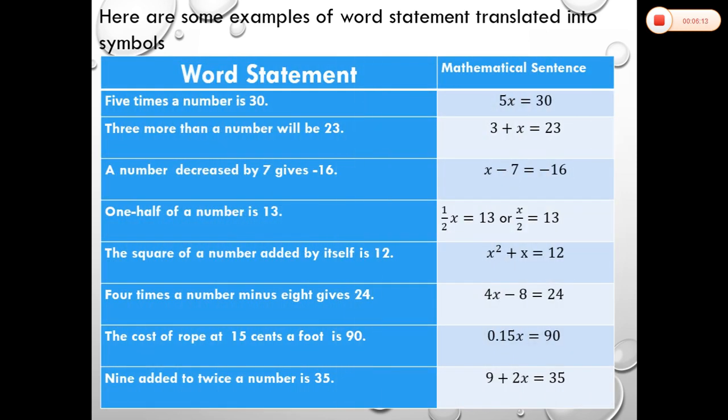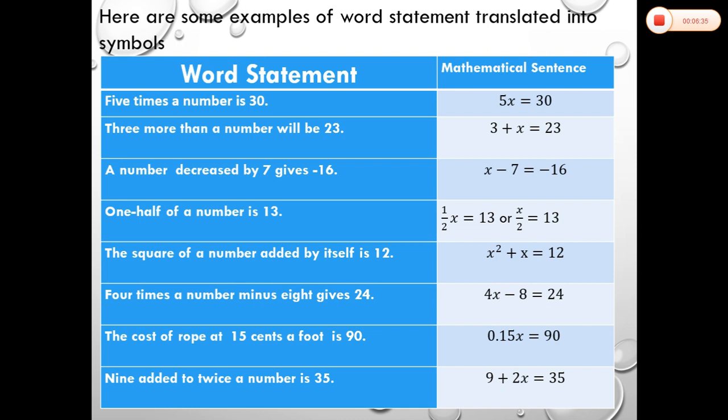Here are examples of word statements translated into symbols where the word statement is a complete sentence. 5 times a number is 30. The mathematical sentence, which is, in this case, a mathematical equation, is 5x is equal to 30.